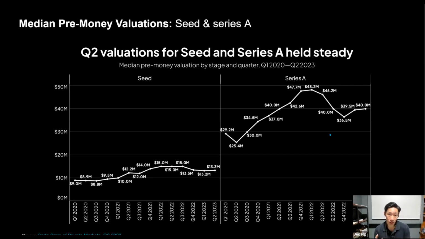Now, all of this data that I'm going to show you comes from a company called Carta. They are a fund administrator and a cap table solution in the US. So the data that they have is very US centric. It reflects a lot of companies on the East Coast and West Coast, which means this data is a little bit skewed towards outliers.